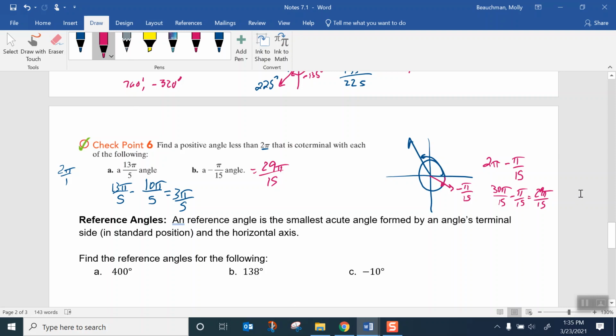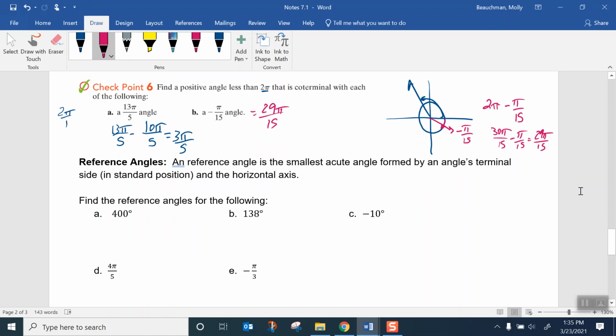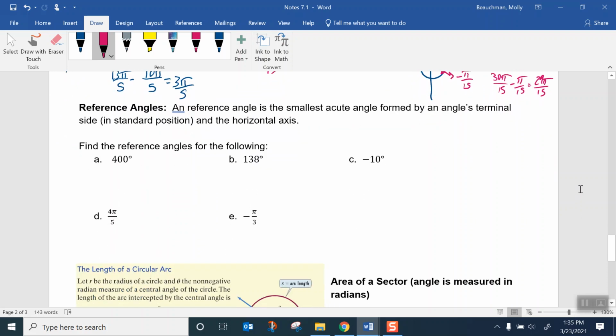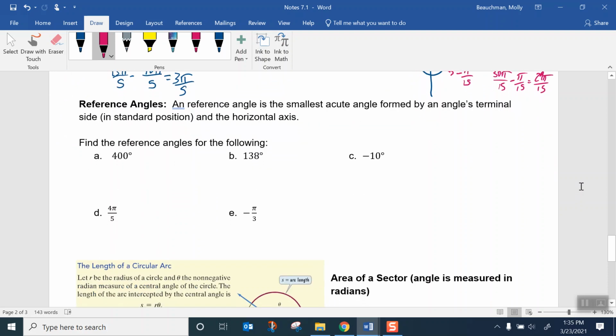All right, another definition is something called a reference angle. A reference angle is not the same as a coterminal angle. A reference angle is the smallest acute angle formed by an angle's terminal side in standard position and the horizontal axis.